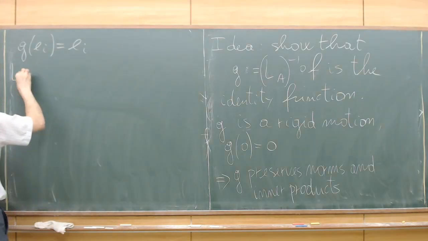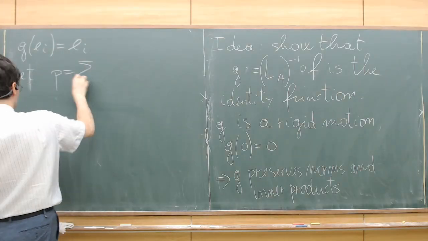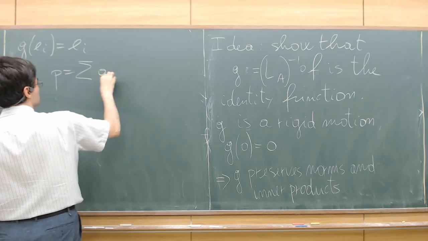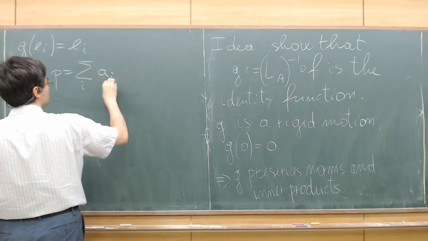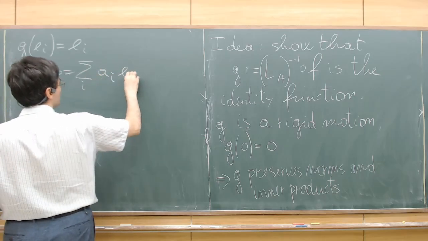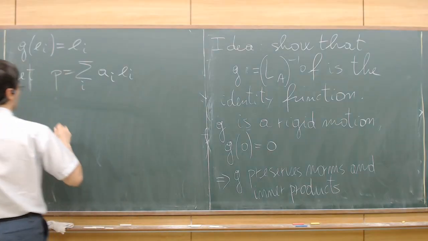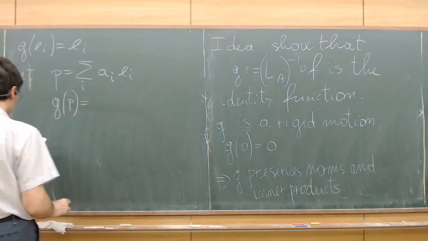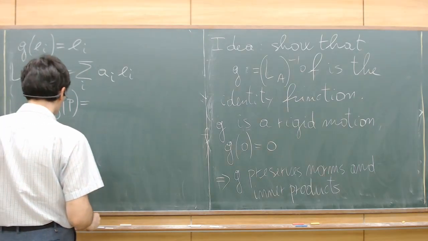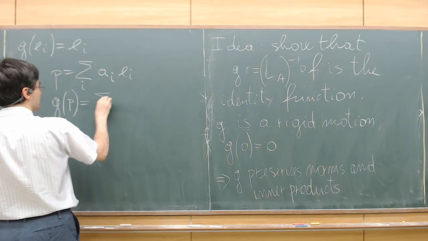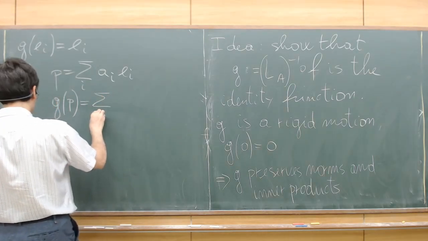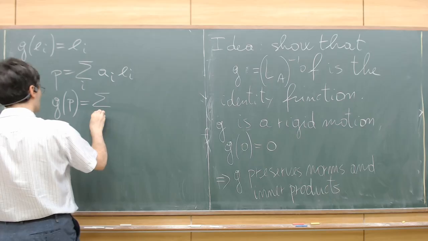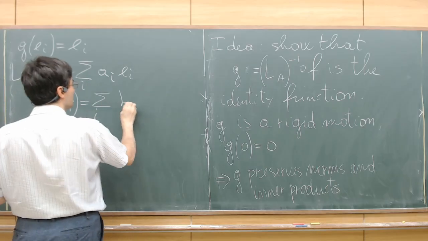So let P be the sum over i of Ai Ei, and G of P equal the sum over i of Bi Ei.